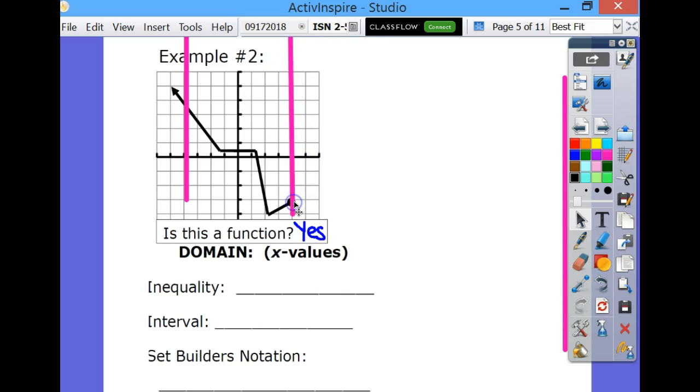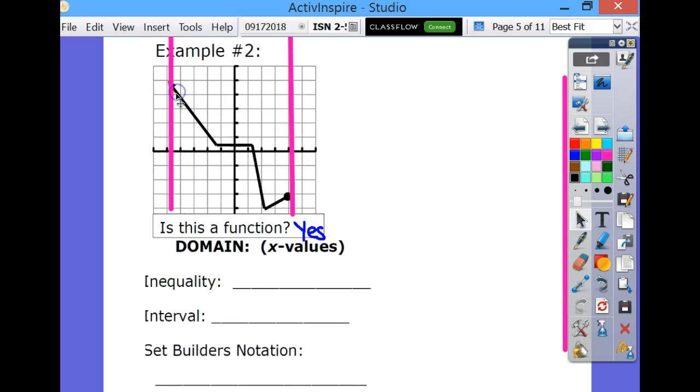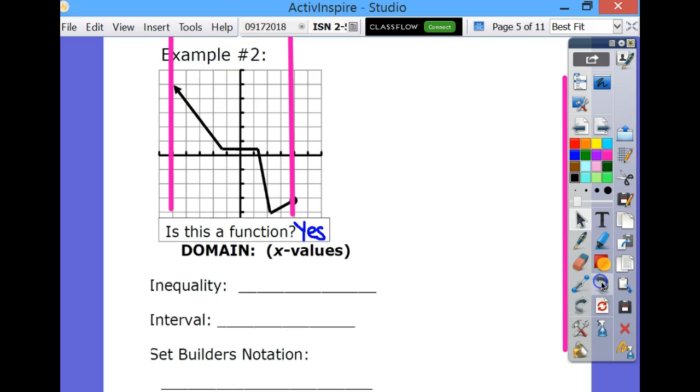Now I'm going to put my fettuccines, my vertical lines, on the left-hand side and the right-hand side. Except over here. Oops, I didn't mean to do that. Over here, is that a point?